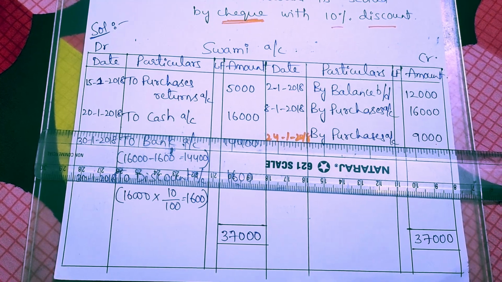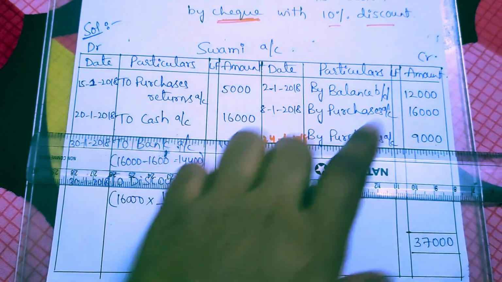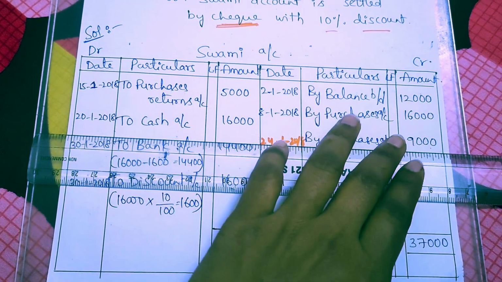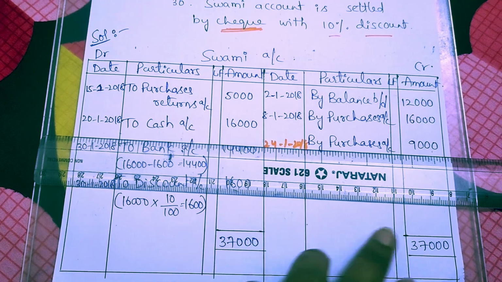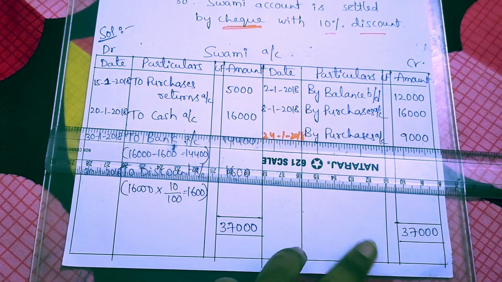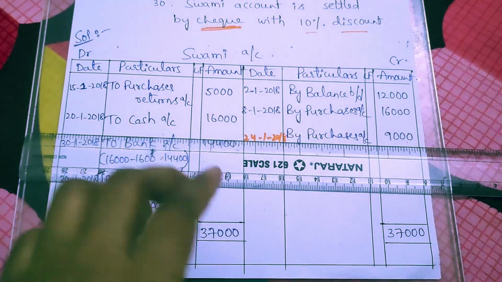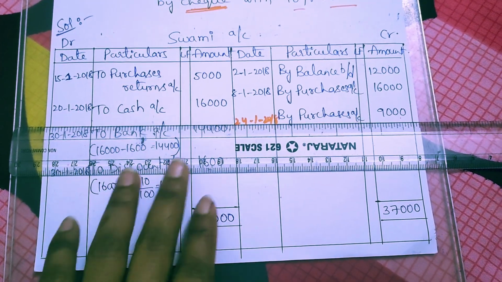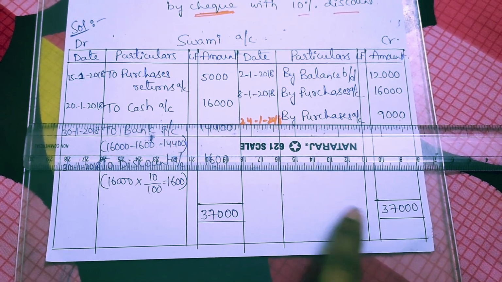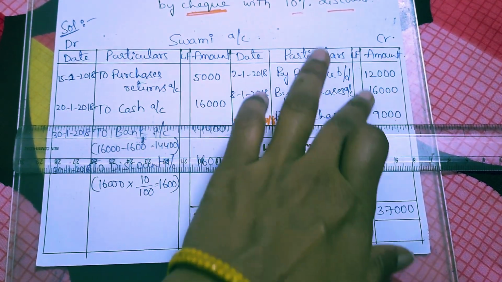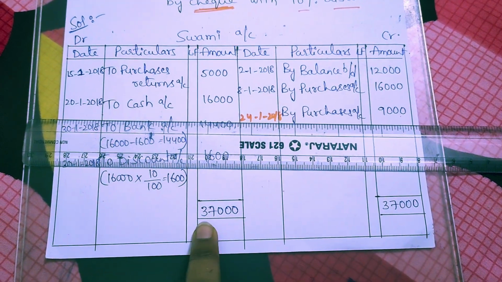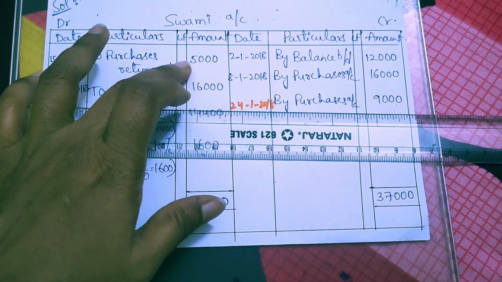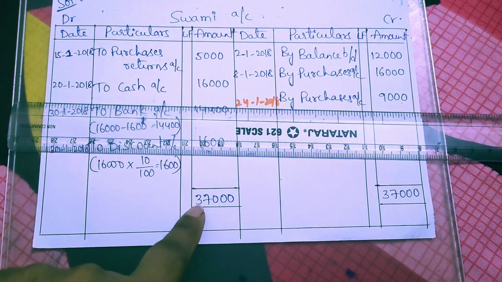Okay, 37,000 is a total. So credit side 37,000, debit side 21,000. Which amount is more? Credit amount is more. So both the sides in totals we should record more amount only always while balancing. So I told you that whenever we are going to balance the account, always we should record both the sides in totals more amount. So 37,000 is more. So both the sides 37,000 and come to debit side. So debit side amount is 21,000. You deduct from 37,000.